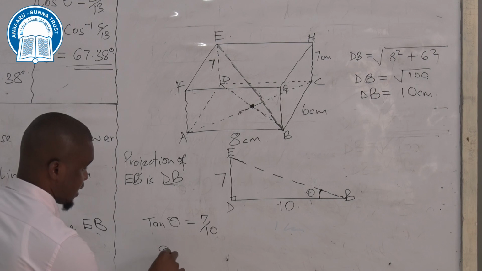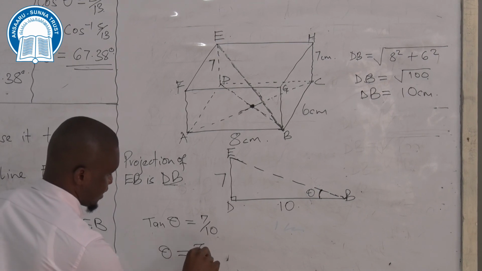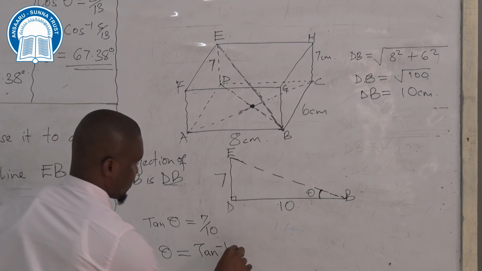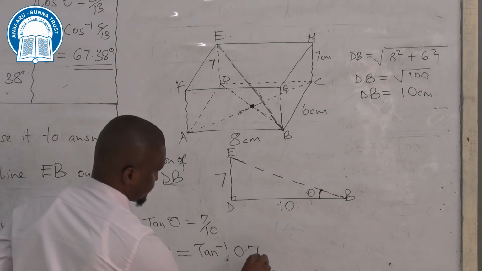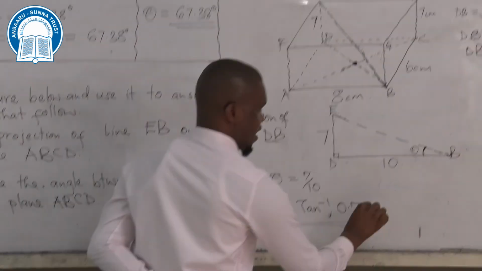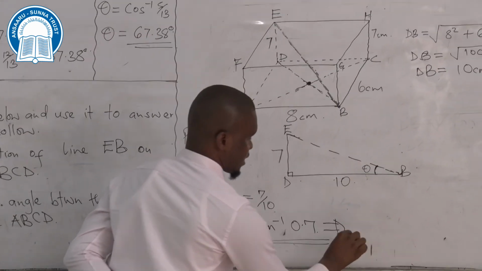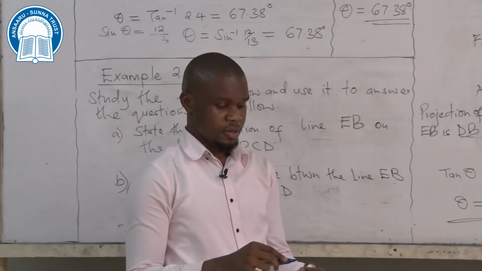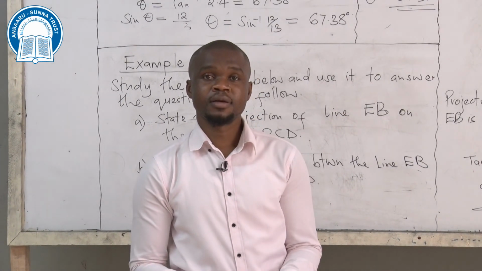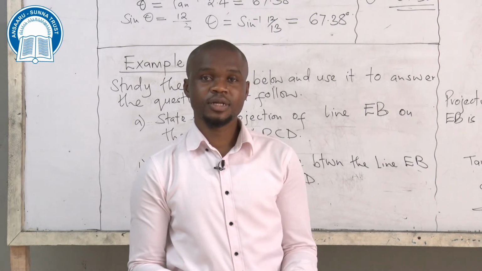That means theta equals tan inverse of 0.7. I want to rest my case there. Find time, get the correct answer to angle theta. Otherwise, we'll stop there. We'll continue from there in our next class. Unless you have a question, that is all for today.